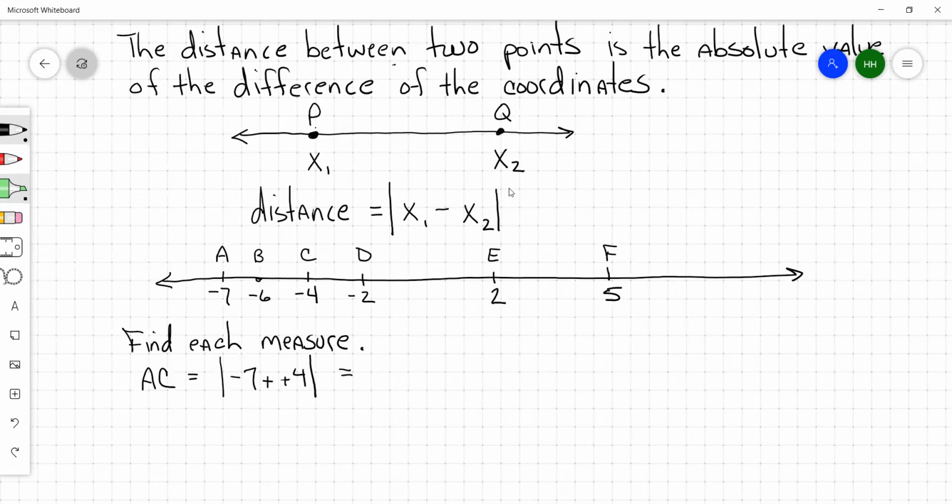Anybody got a calculator yet? TI 30XA, good. In your calculator, you push the 7 and the negative sign, and then you push plus and 4 and you hit equals. And the calculator says -3, but what's the absolute value of -3? Say +3. Very good, +3.